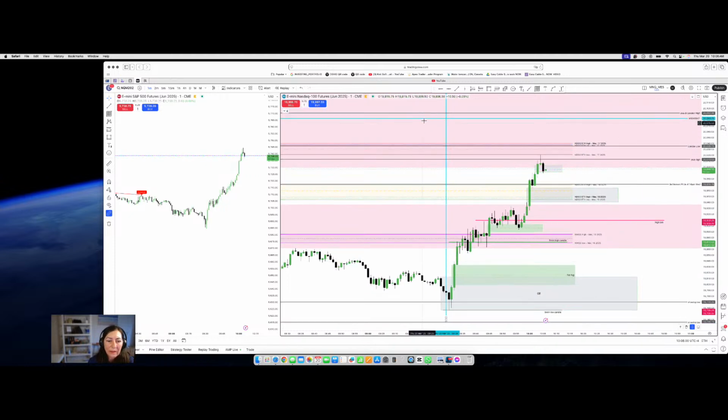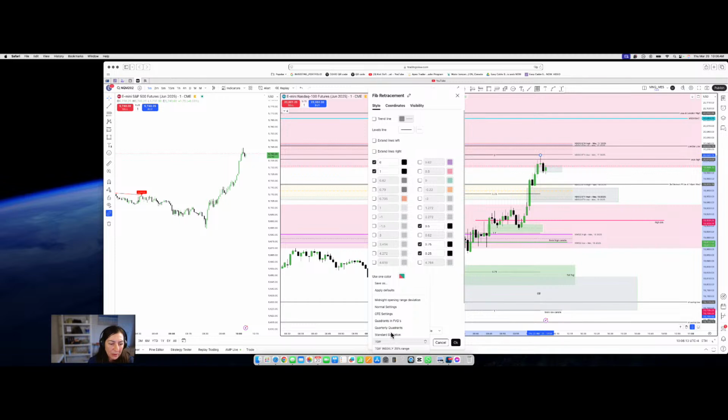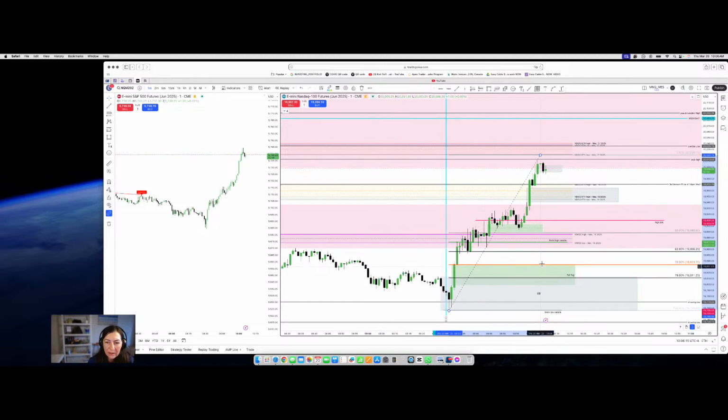So if we look at the movement from this morning, draw our fib from price, take it to the top here, and look for the OTE, optimal trade entry area. Where would price pull back to potentially?